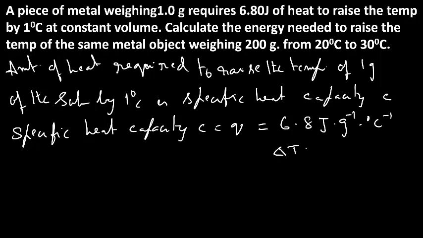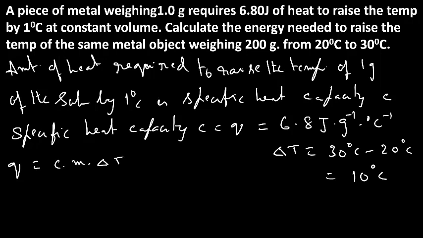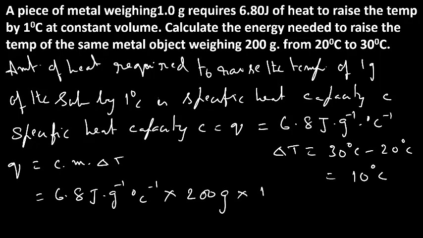So here delta T equal to change in temperature, 30 degrees centigrade minus 20 degrees centigrade equal to 10 degrees centigrade. Now amount of heat required Q equal to C into m into delta T. See how much? 6.8 joule per gram per degree centigrade into mass of the substance 200 grams into rise in temperature 10 degrees centigrade.